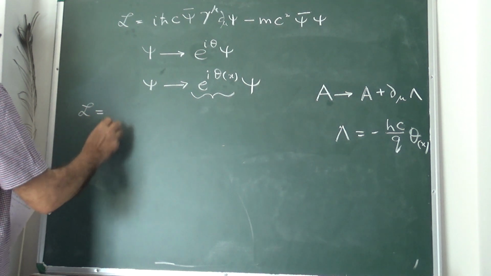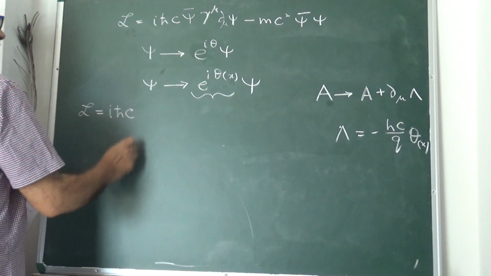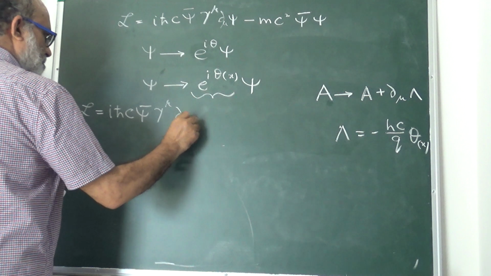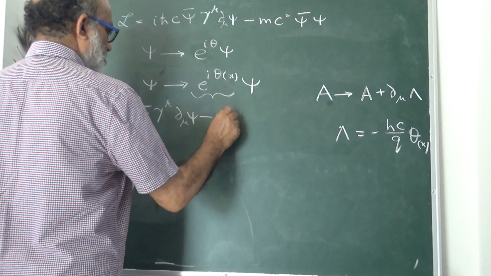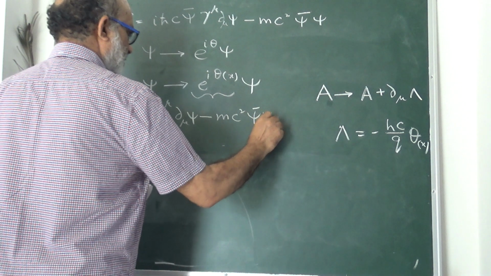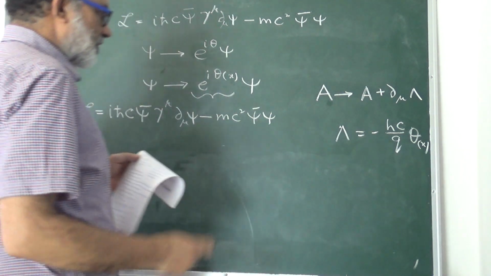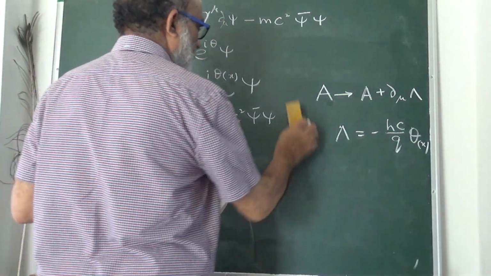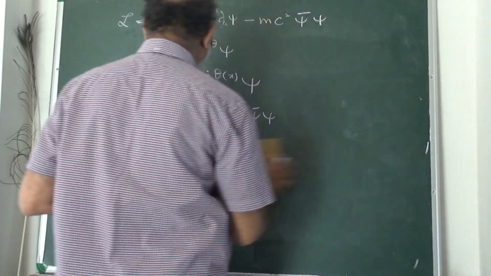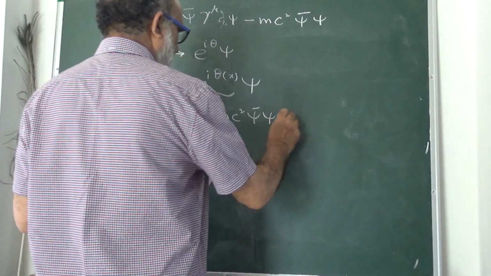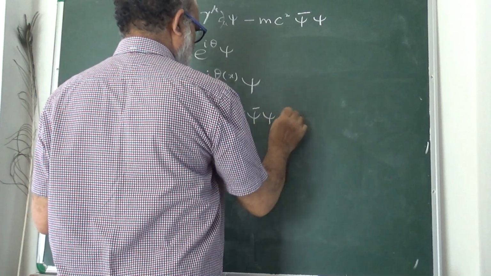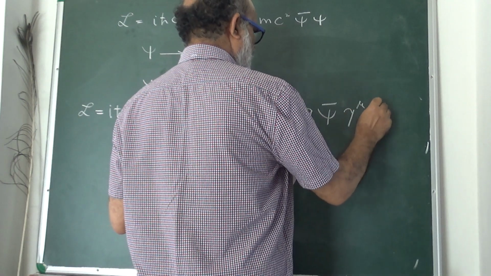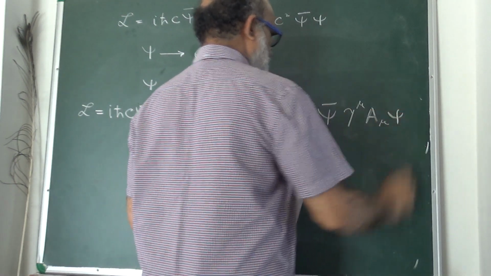We arrived at the new Lagrangian, iħc ψ-bar ... minus mc², and the new part which we added so that it becomes invariant is minus q psi bar gamma mu A mu psi.